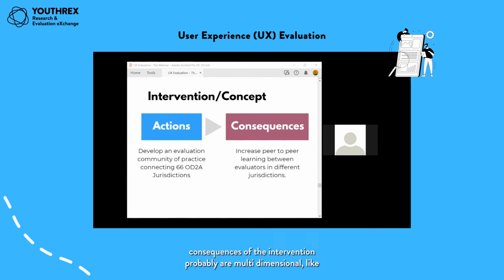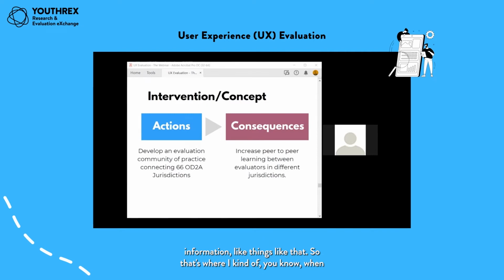And then the consequences of the intervention are probably multidimensional. It's increasing peer-to-peer learning, but I think there would probably be other goals for the intervention, like the ability to respond, increased knowledge, increased connection, increased sharing of information, things like that.